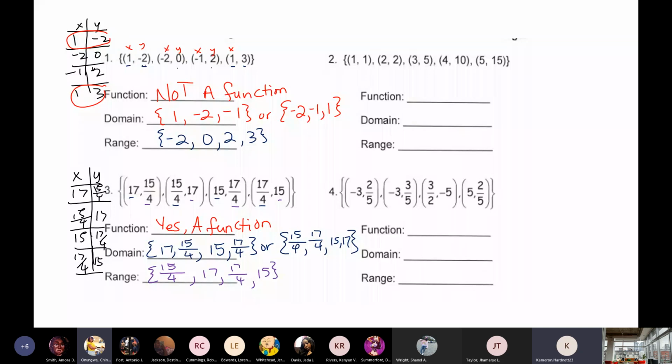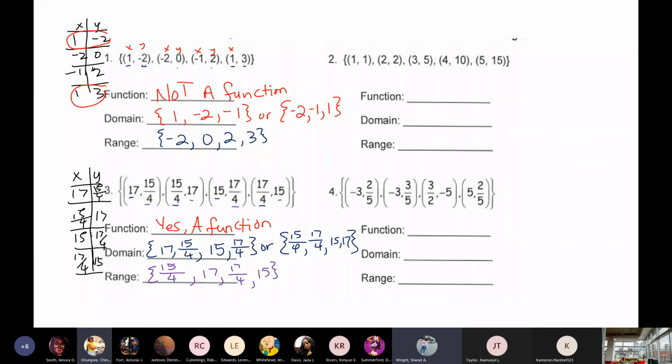No. Okay. So why do y'all say it's a function? I'm sorry. Okay, not a function, or it is? It's a function. Okay. Why do y'all say it is a function? Because every x value has a y. It has one.